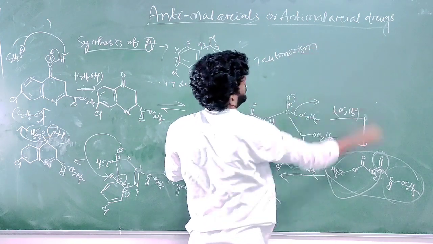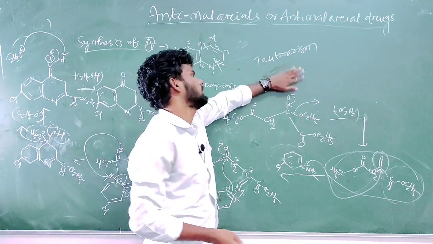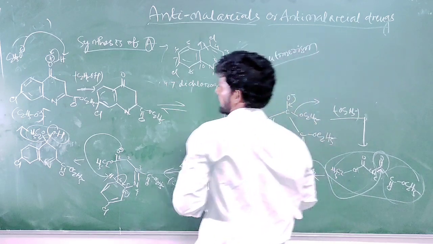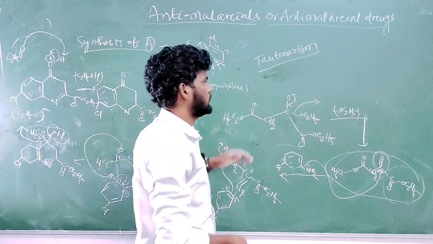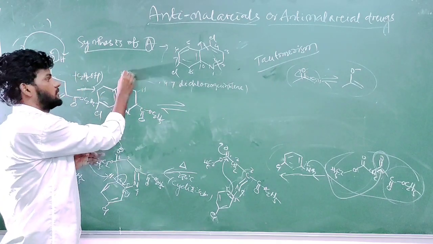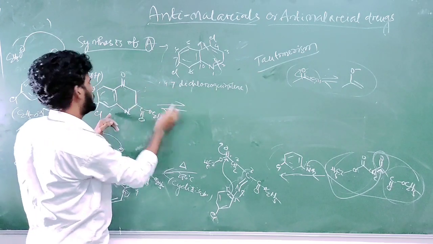If it is movement of a bond or negative charge, then this is not tautomerization. This is resonance. Tautomerization is moving of a group, either hydrogen, simple hydrogen here. So this hydrogen will be taken up by this oxygen, then there will be a double bond, then OH and double bond, enol form. It is ketone and enol will form.